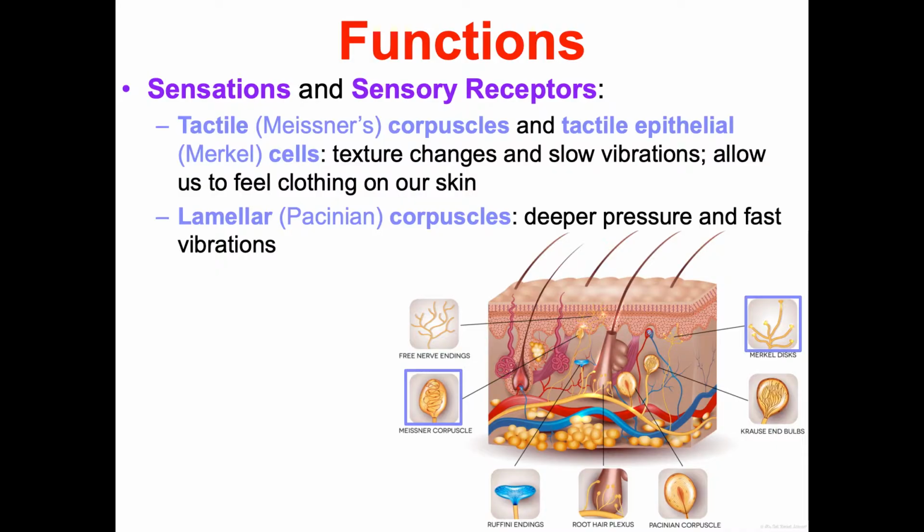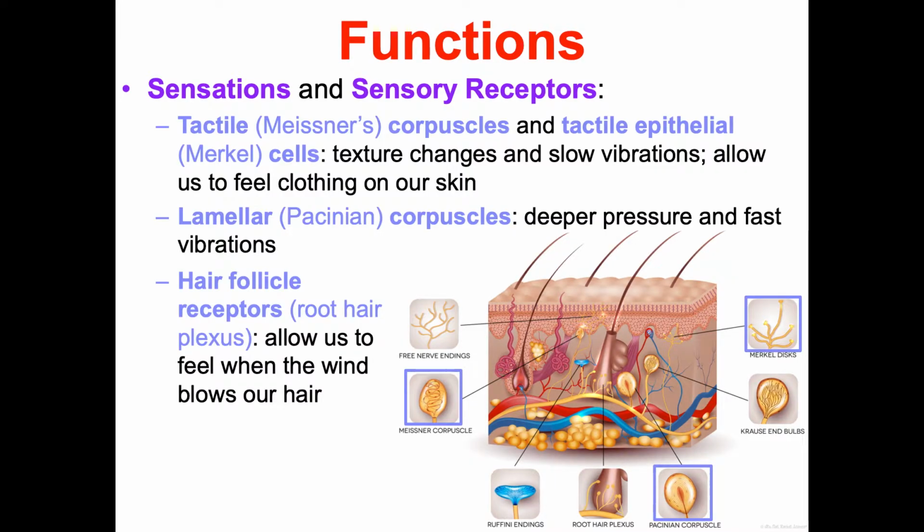Lamellar corpuscles or Pacinian corpuscles sense deeper pressure and faster vibrations. That's what one looks like. Your hair follicle receptors, or that root hair plexus we talked about when we were talking about hair follicles, that's what allows us to feel if the wind's blowing in your hair, or if you brush along your arm hairs, that's what's allowing you to feel that.